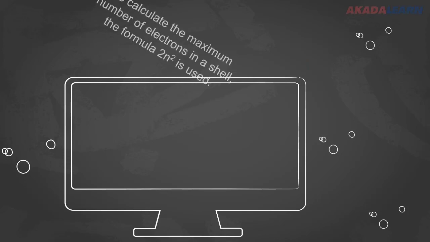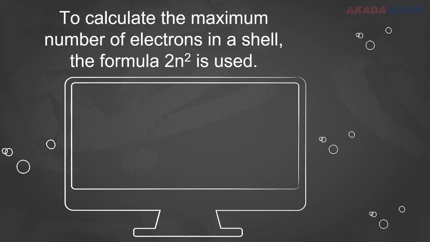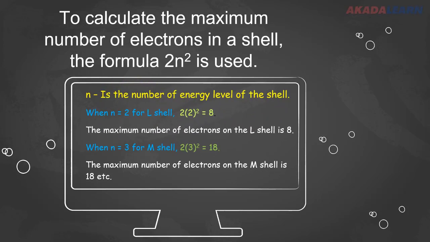So, let's try and calculate the maximum number of electrons that can be in the shell. To calculate the maximum number of electrons in the shell, the formula is 2n squared. That is, if n is the number of the energy level of the shell, when n is equal to 2, for shell 2, we are going to have 2 times 2 squared.